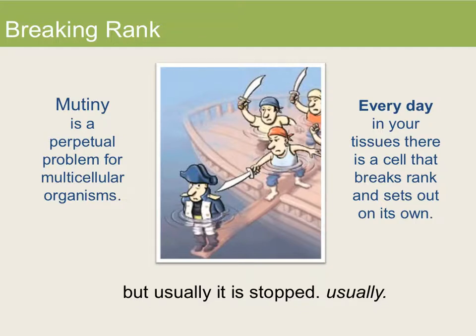Now, cancer is an outcome of having multiple cells making up an organism. So if you're just a single-celled organism, the actual stuff that could cause cancer, let's say a mutation, could happen in a single cell, like a paramecium, any sort of single-cell eukaryote.